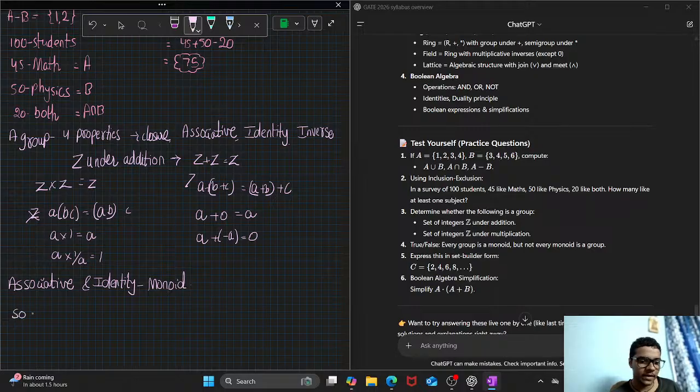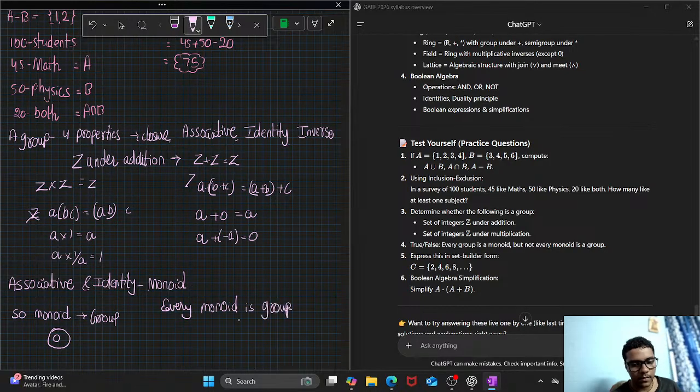So group is like a bigger thing. Monoid is a smaller group, group is a bigger group. What am I writing here?